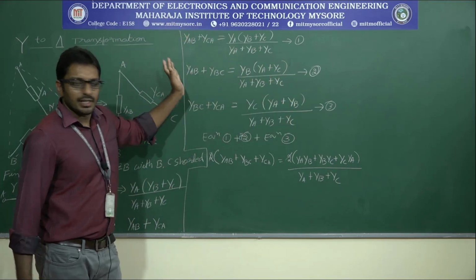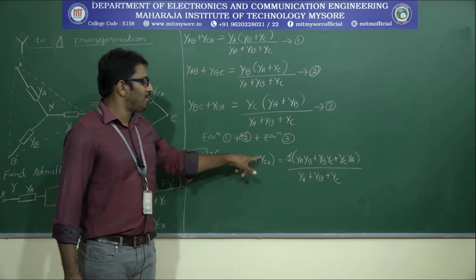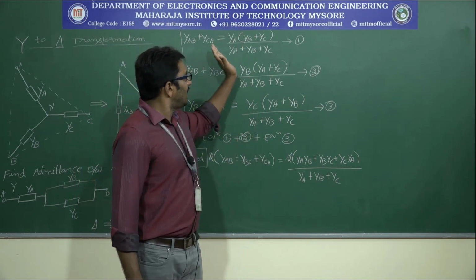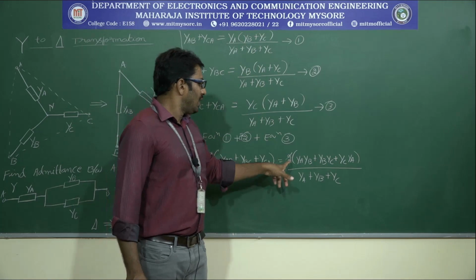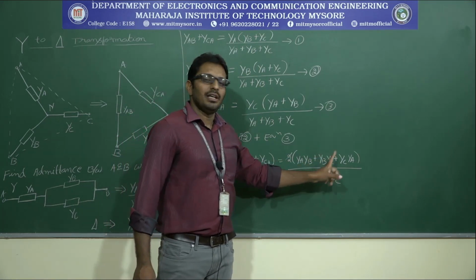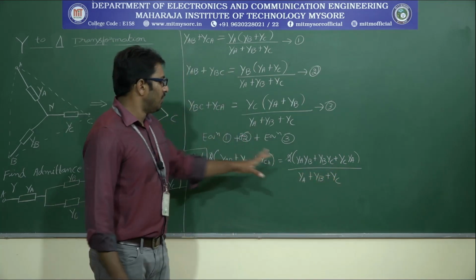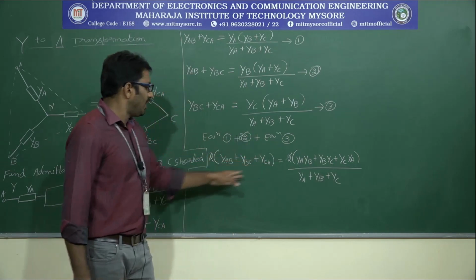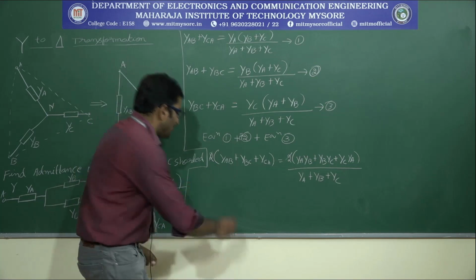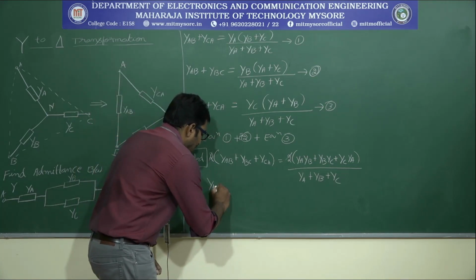After performing this operation, by adding all the LHS parts, you will get 2 times of YAB plus YBC plus YCA. Similarly, by adding the right-hand sides of all three equations, you will get 2 times of YA YB plus YB YC plus YC YA whole divided by YA plus YB plus YC. 2 will get cancelled. So, if I want to calculate YAB, just keep YAB on the left-hand side.